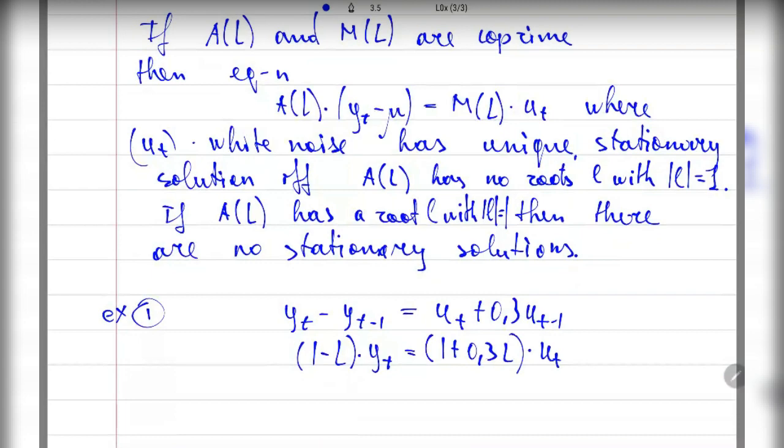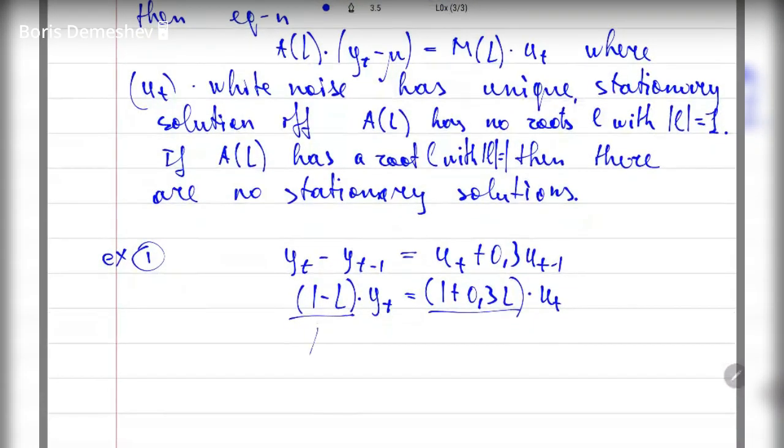Okay, I see that these two polynomials are coprime. Yeah, so the theorem is applicable. These two polynomials, 1 minus L and 1 plus 0.3L, are coprime. If I consider the roots of the left, so this is A of L, this is M of L, they are coprime. So the theorem is applicable.